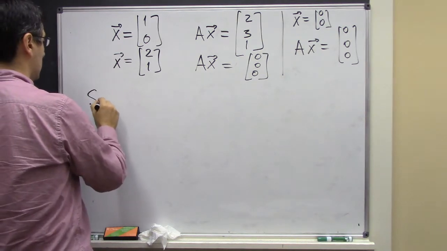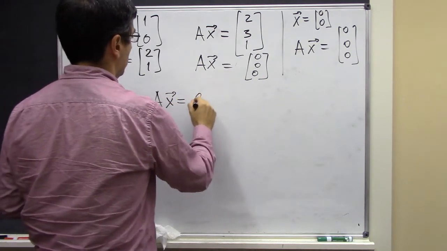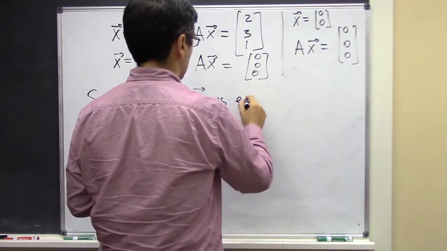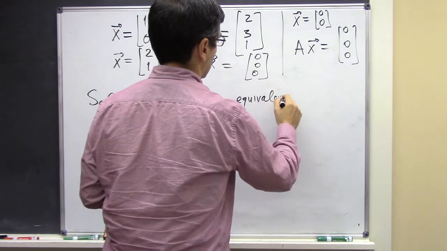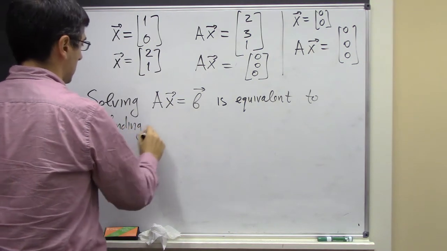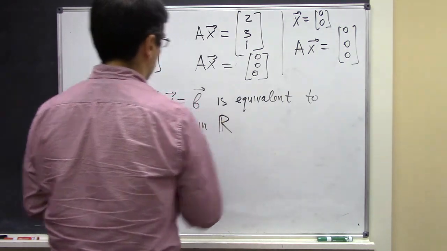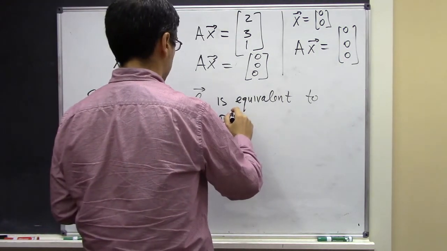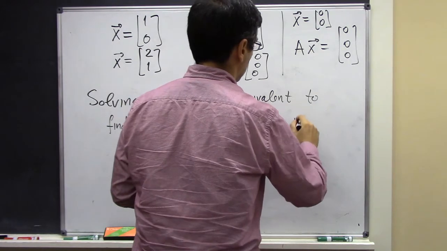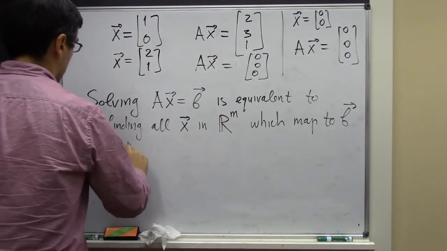Solving Ax equal b, and this is a system of linear equations, is equivalent to finding all x in R^m which map to b in R^n.